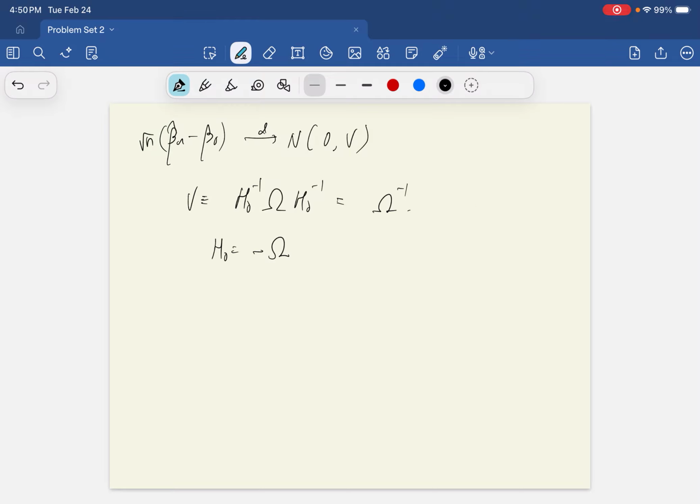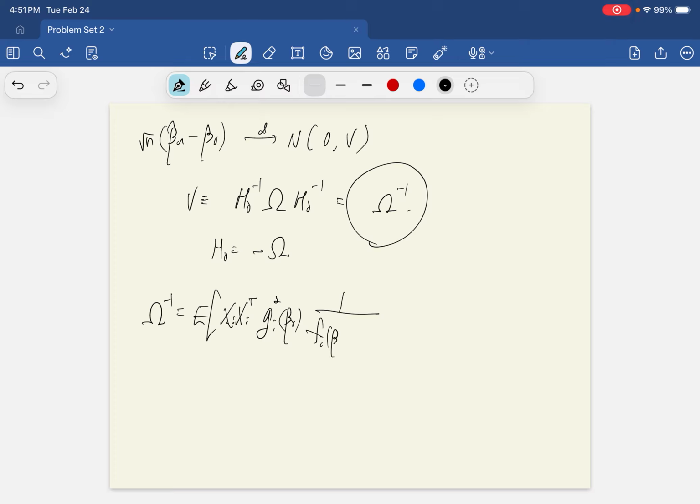I'm sorry about that. Anyhow, that is the variance. So the variance equals the inverse of expectation of (xi transpose gi(beta 0)) squared, 1 over fi(beta 0) times 1 minus fi(beta 0), since omega is this.